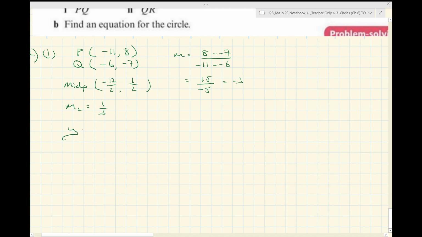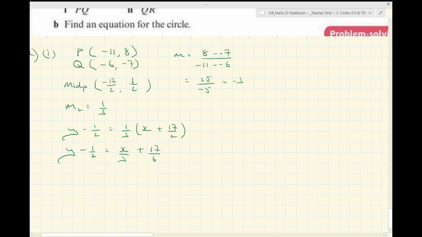It's going to be y minus a half equals a third multiplied by x plus 17 over 2. Okay, so that's going to give me y minus a half equals x over 3 plus 17 over 6.